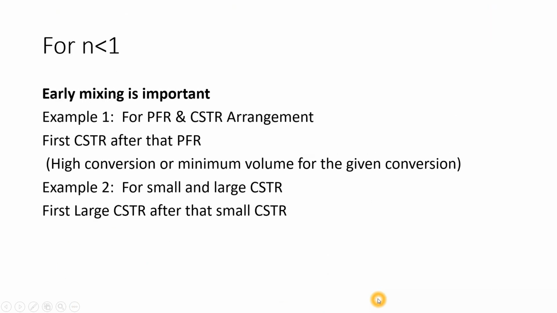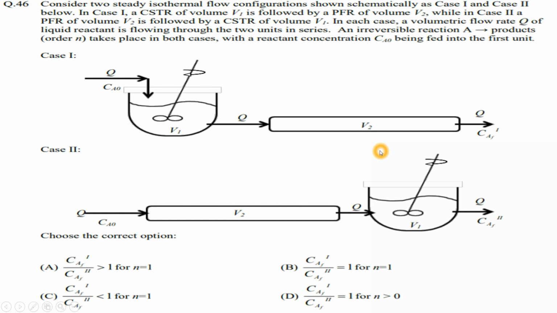For n less than 1, early mixing is important. We will get higher conversion when CSTR is first and PFR is second. So CAF first will be less than CAF second. So from here only option B is correct.